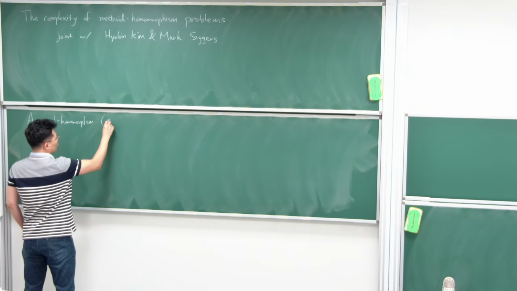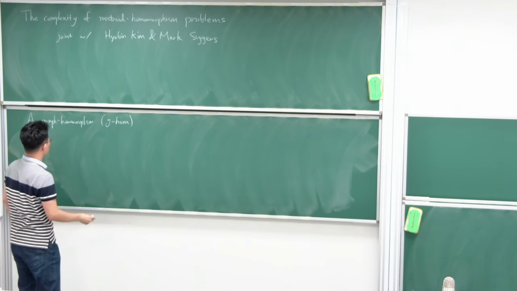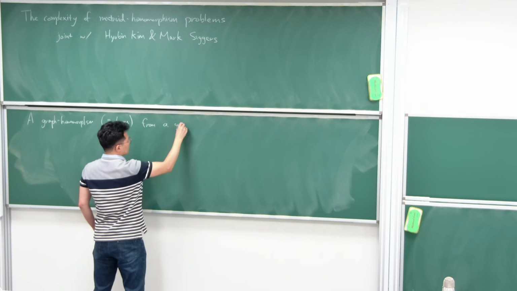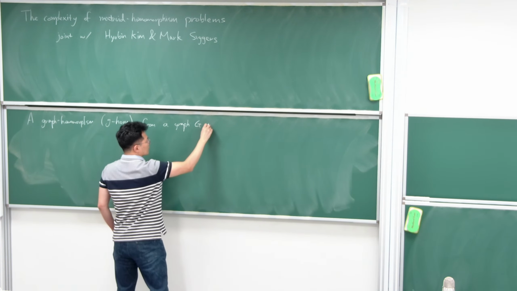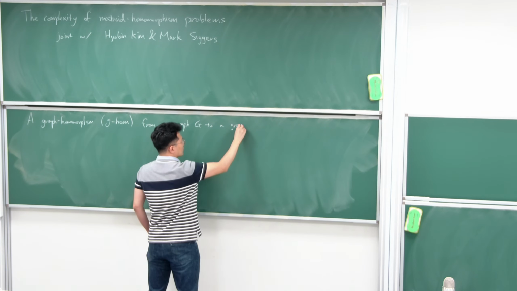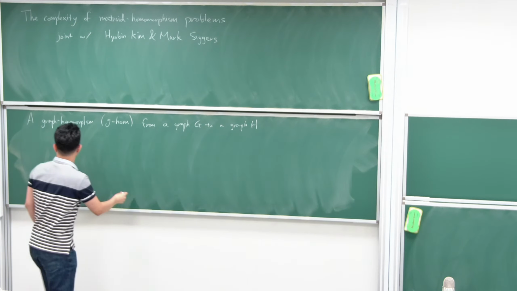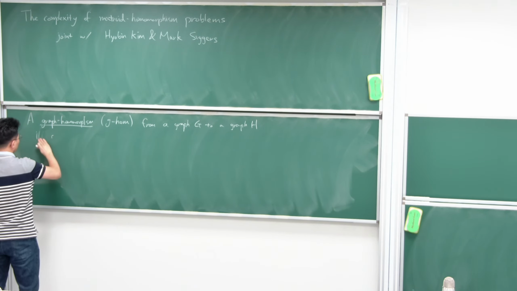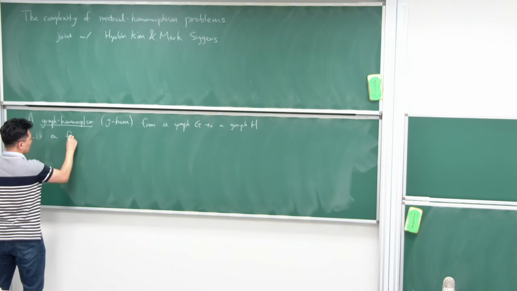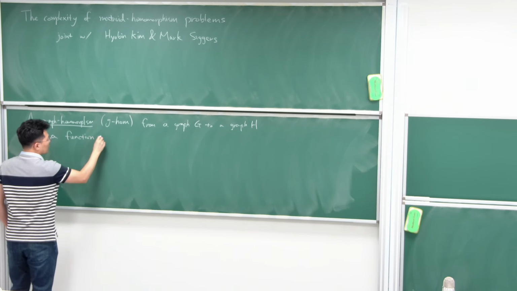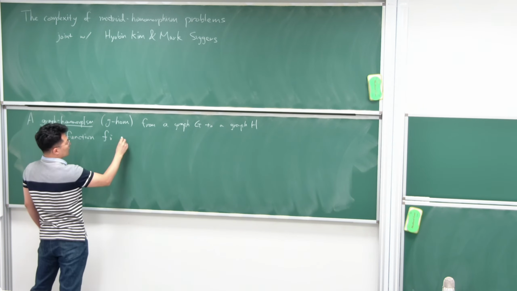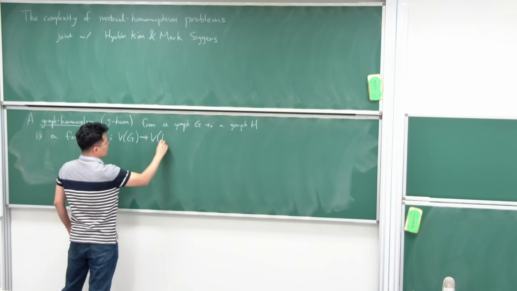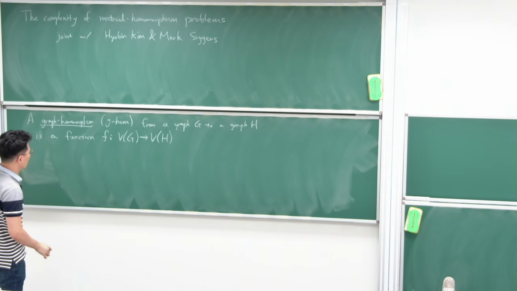We say G to H is a function from vertices of G to vertices of H that preserves adjacency.